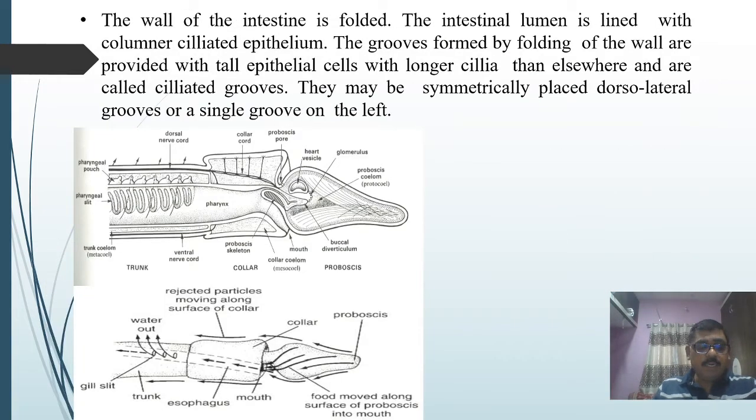Next, the wall of the intestine is greatly folded. The intestinal lumen is lined with columnar ciliated epithelium. The grooves formed by folding of the wall are provided with tall epithelial cells with longer cilia than elsewhere, and are called ciliated grooves.